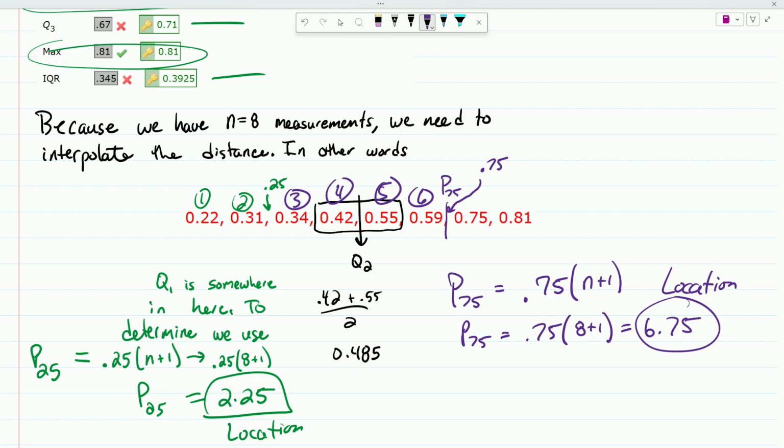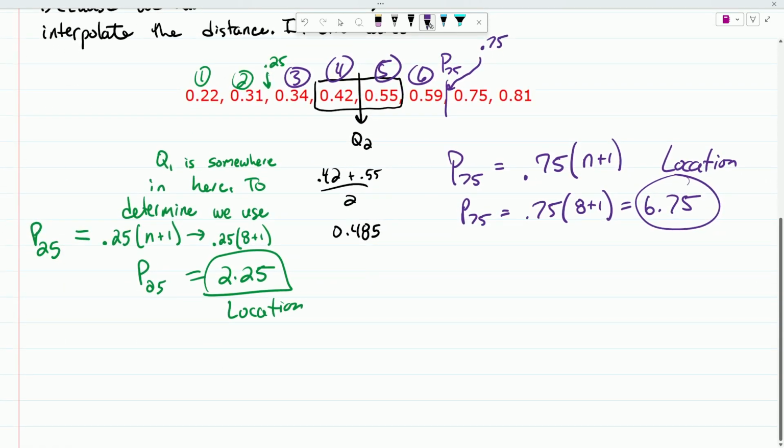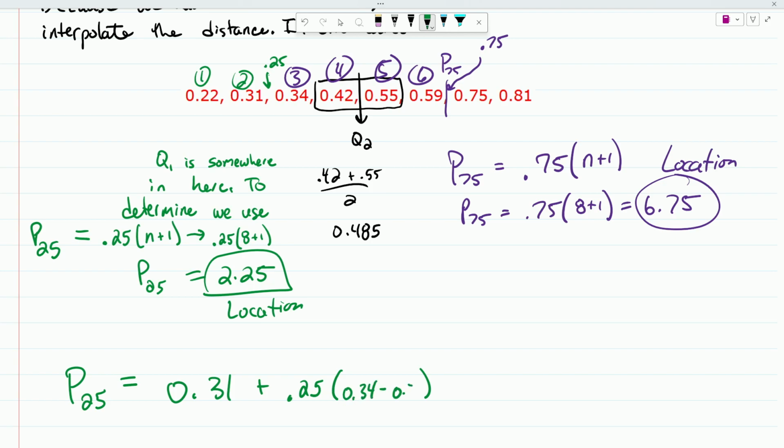So here's what we're going to do. For the 25th percentile, I'm going to take the number right before its location, so 0.31. And I'm going to add the interpolated distance, meaning I'm going to add 0.25 times the quantity of 0.34 minus 0.31.